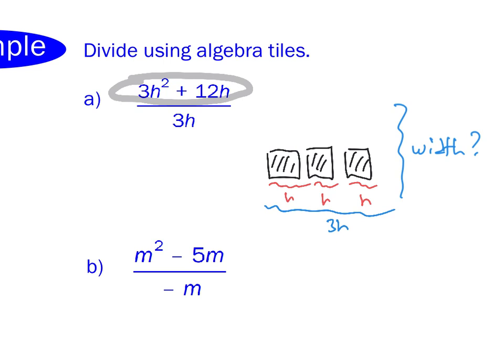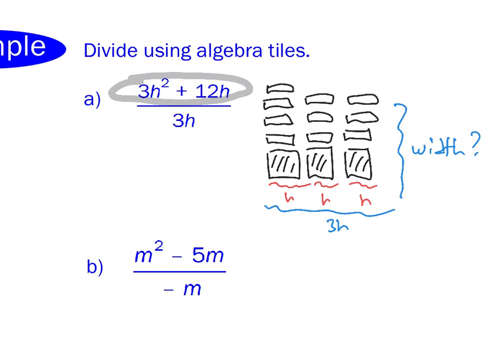Think of this as 3 groups. We're going to divide these 12 rectangles up into 3 groups. No problem. There's 1, there's 2, they're all going to be shaded, I'm going to shade them in a second. 3, 4, 5, 6, 7, 8, 9, 10, 11, and 12.